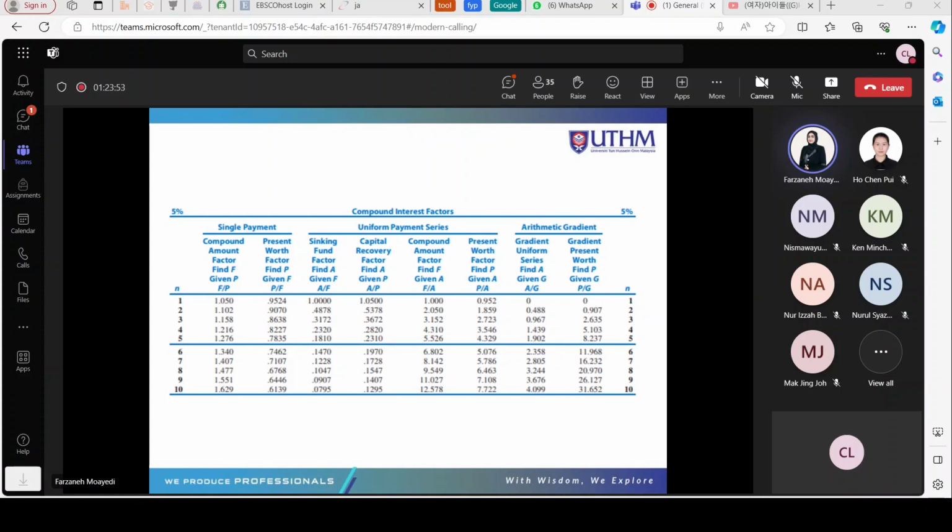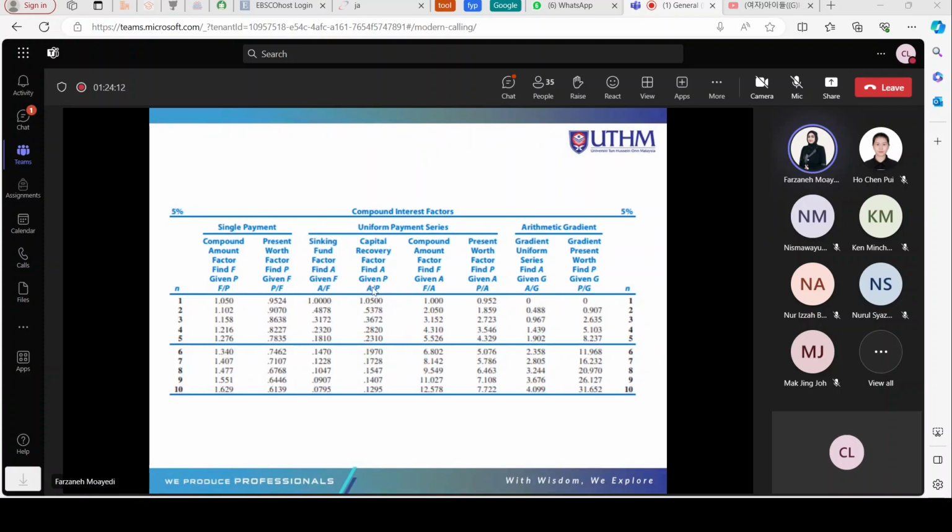It could be years, it could be months. That's not a difference. Okay, so what you want to be looking at here, we have A/F. So it means that you want to calculate the uniform series when you know how much the future is. The second one is A/P.